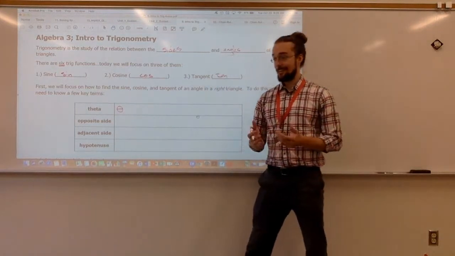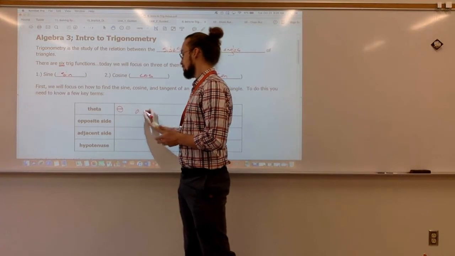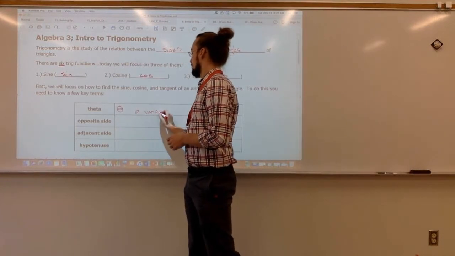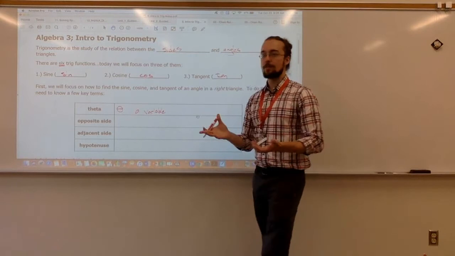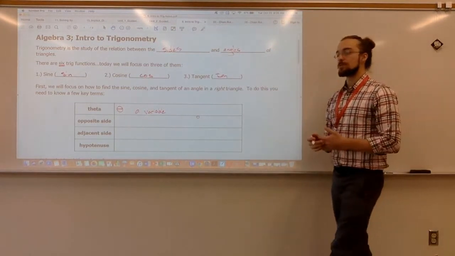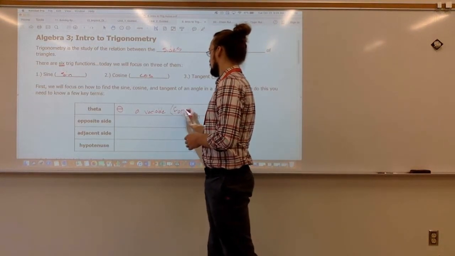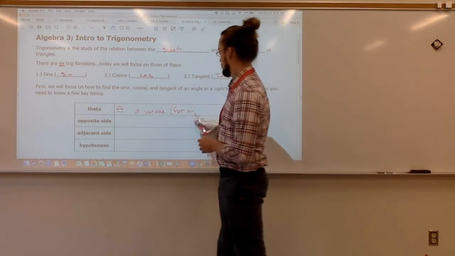What we use theta for is just a variable. It's just kind of tradition to use Greek letters as variables for angles. So we'll say this is a variable for an angle.